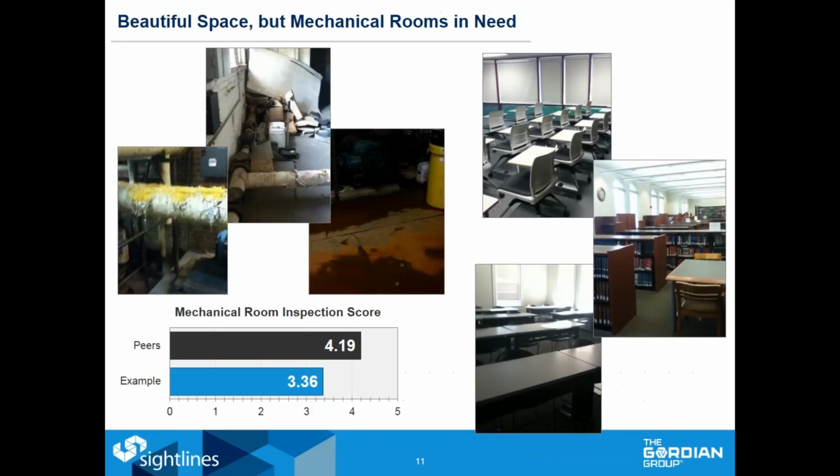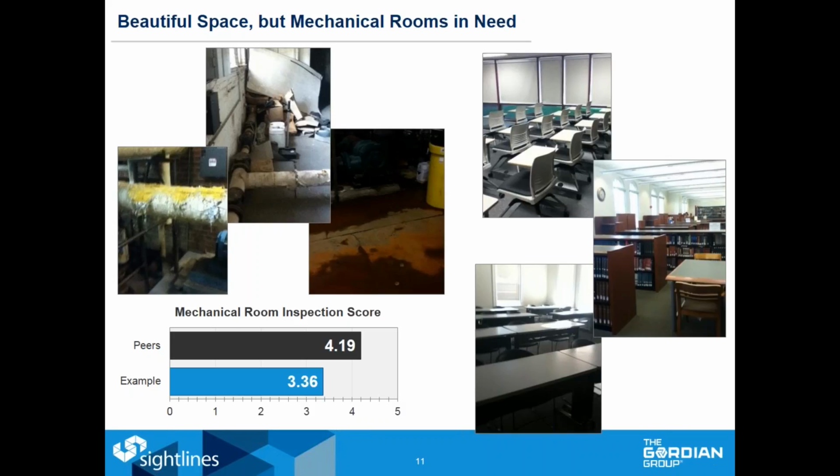And it shows. Here's some pictures of their campus. On the right-hand side, you can tell that the campus walks beautifully. They have nice space, beautiful furniture, updated carpets, recent paint jobs. And this has a real positive impact on their enrollment because when folks walk campus, they see all these great conditions.